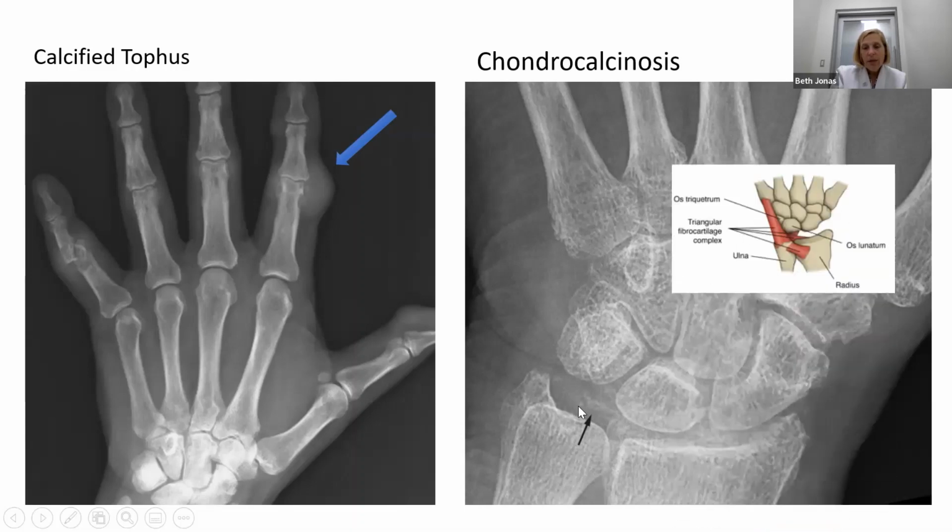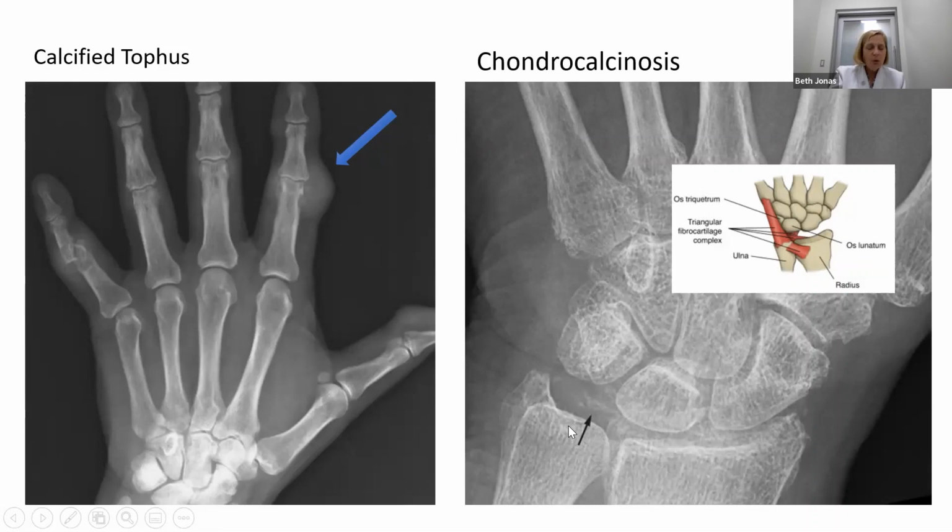So this is the area of the triangular fibrocartilage complex, or the TFCC. And there are three synovial compartments that really insert on the ulna. And this is a very classical place to see chondrocalcinosis in patients with CPPD arthropathy. And these patients can present a lot like rheumatoid arthritis.